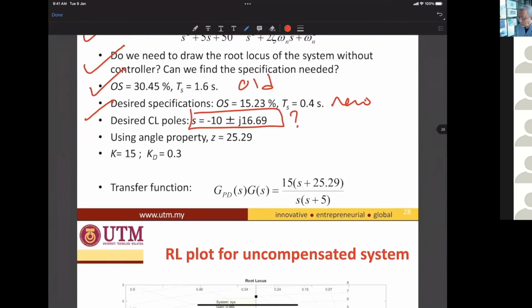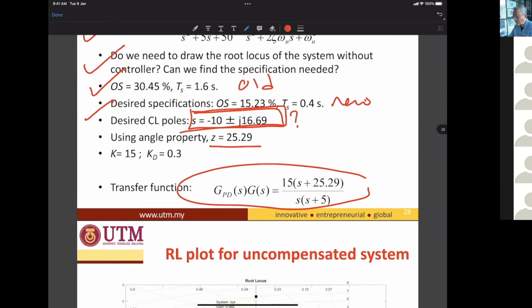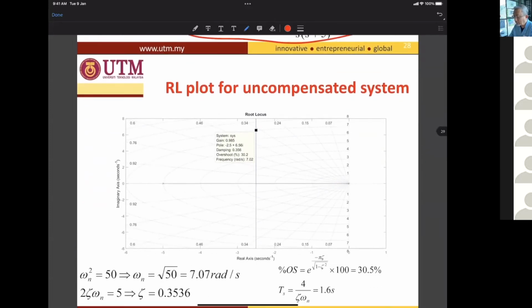So ini akan dapat the desired closed loop pole, minus 10 plus minus j 16.69. Okay. Dan gunakan angle property, so kita dapat zero pada 25.29. So inilah dia punya PD controllernya, 25.29. Okay.